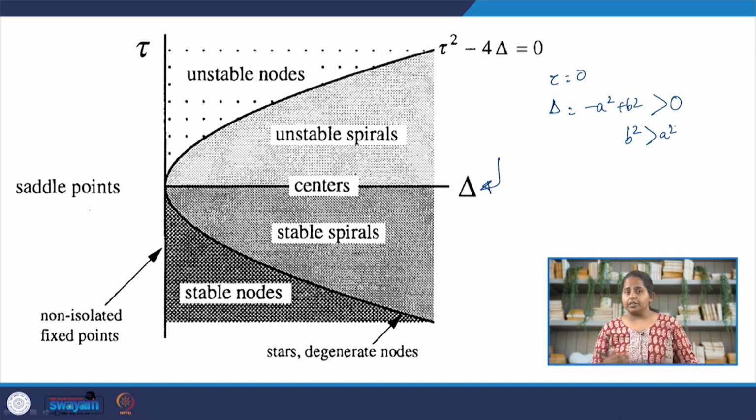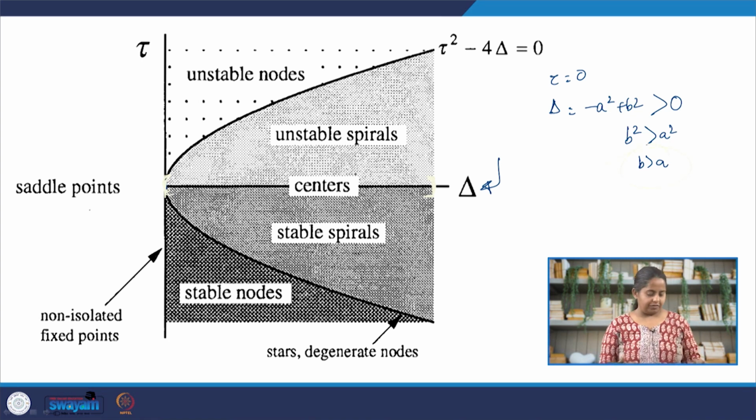Again, the initial assumption is that a and b are positive constants, which means b is greater than a. Then what we will get is a center, because now we are dealing with this portion of our graph.